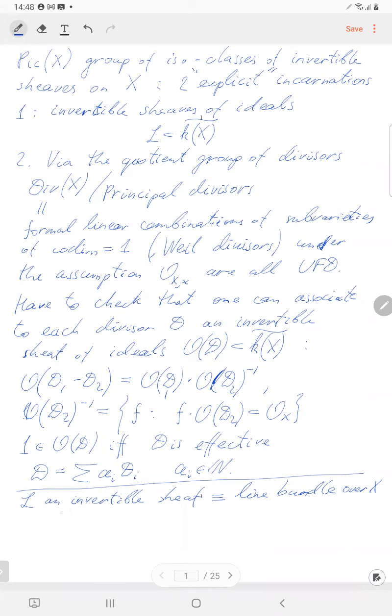So locally it's isomorphic to OX, and then locally it does have a section just given by 1, right?